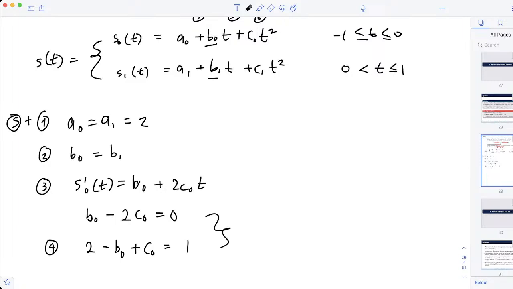And if you solve that, that's going to give you B0 is equal to 2 and C0 is equal to 1. And then all we haven't used now, we've used 1, 2, 3, 4, 5.